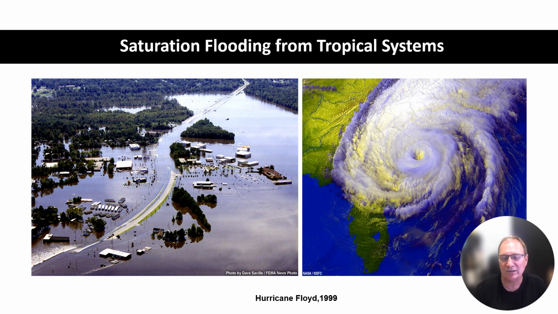But the whole point with Floyd is that it basically surrounded a city with water. The city of Greenville, which was 20, 30 miles inland from the Pamlico Sound, much less the ocean itself. But it inundated an area in such a way that it was not accessible. You could not drive to it.